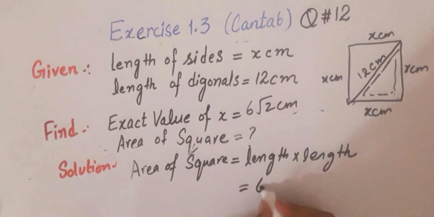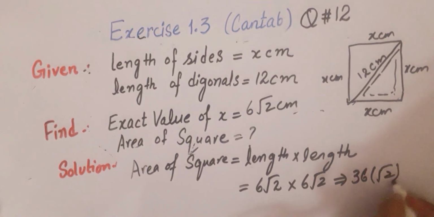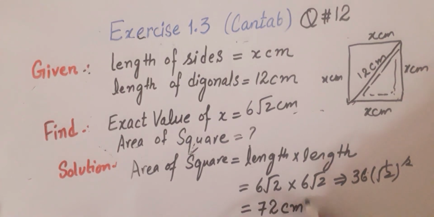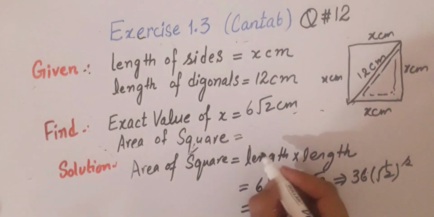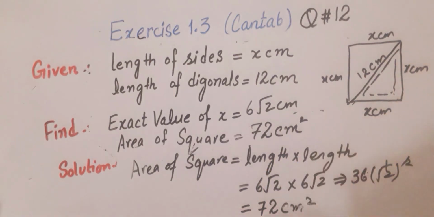That is 6 square root 2 multiply by 6 square root 2, which implies that 36 into square root of 2 square, which is equal to, this 2 is cancelled by this square root and 36 multiplied by 2 is 72 centimeter square. So this is the value of area. We will write this 72 centimeter square. I hope you understand this question easily.